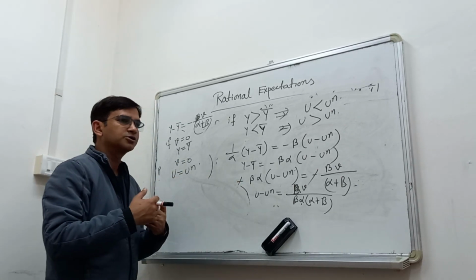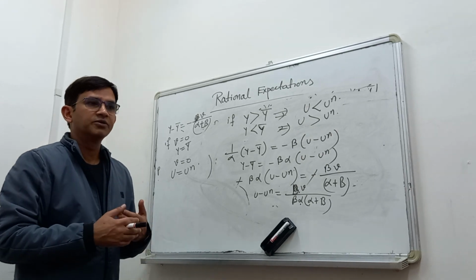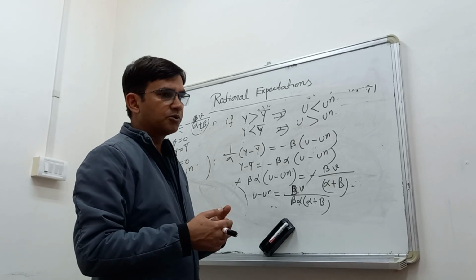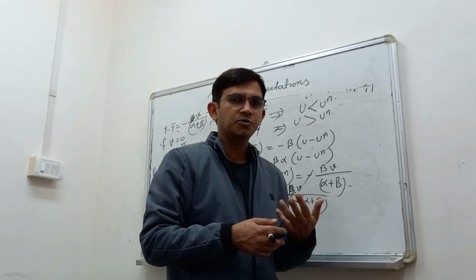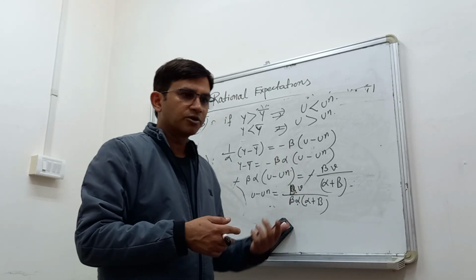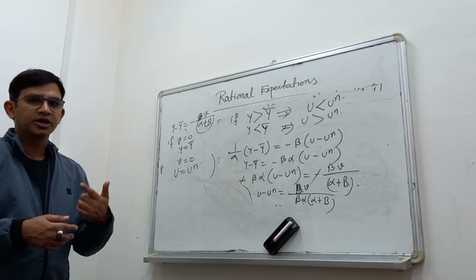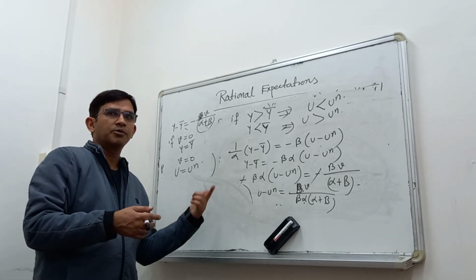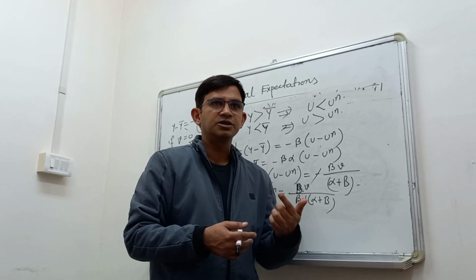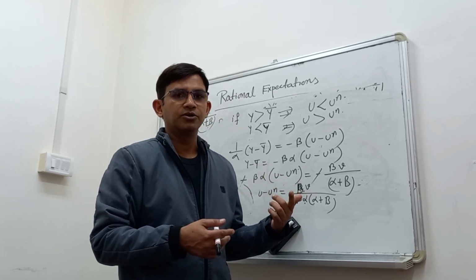From rational expectation, we can also say that whenever the economy is in the upswing, the actual level of output will be more than the natural level of output and cyclical unemployment will be negative. And whenever the economy is in a downturn, below the normal growth path, cyclical unemployment will be positive and the actual level of output will be below the natural level of output.